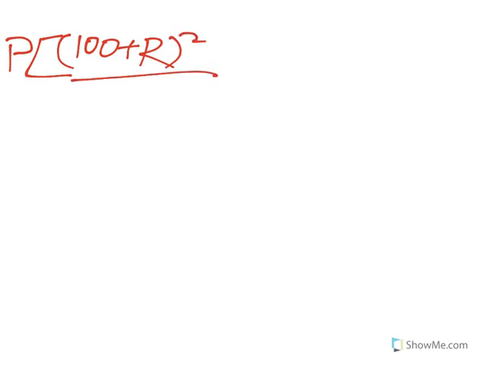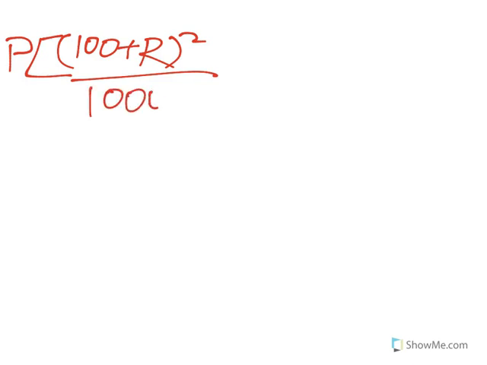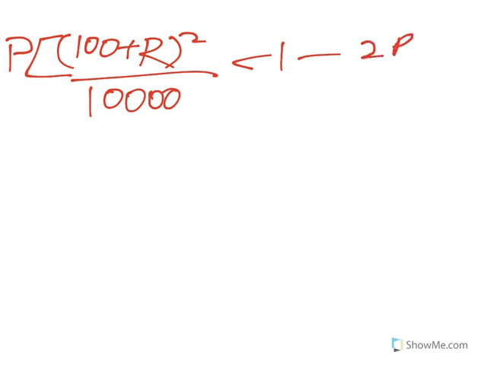The next step here to draw some information out of this is, what I'm going to do is write this: P is still common, but now this is 100 plus R squared divided by 100 squared, 10,000, minus 1, minus, again, what do I have, 2R divided by 100.